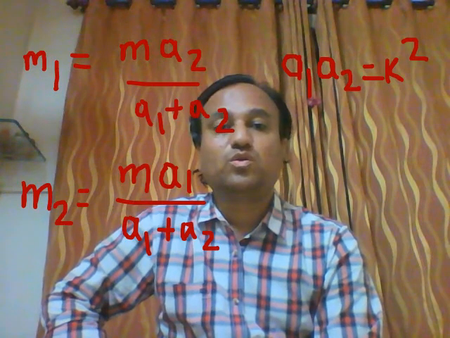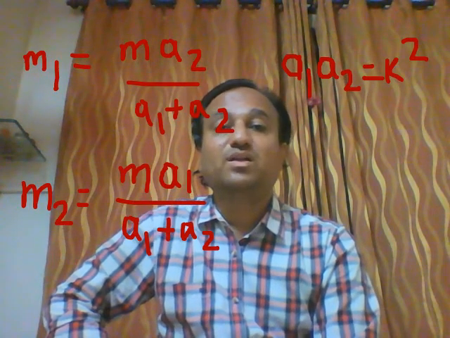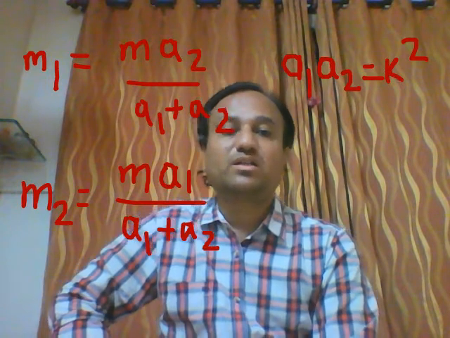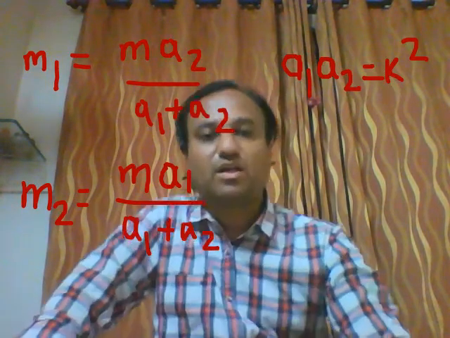So with an example I will discuss the dynamically equivalent system with correction couple. The example of a connecting rod. Student, let this be the small end of the connecting rod.